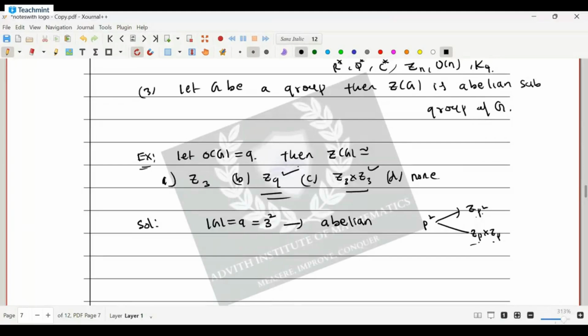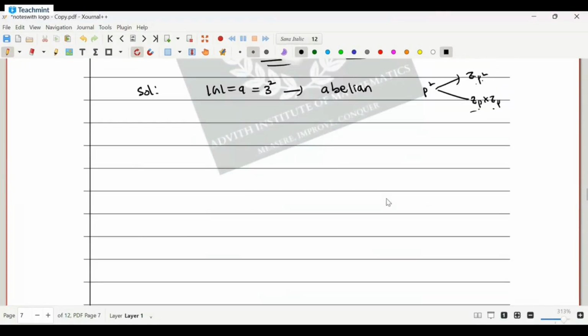Next one. Find the center of general linear groups. Find the center of GLn of F. So that means we need to find Z of GLn of F. Solution.